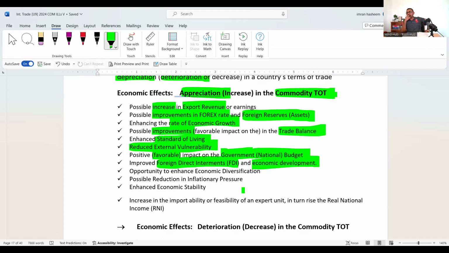Okay. Then opportunity to enhance economic diversification. Now Sri Lanka has a problem with a lack of or limited economic diversification. If you take our exports, we mainly depend on garments and a few other products. Imports, we have inelastic imports.